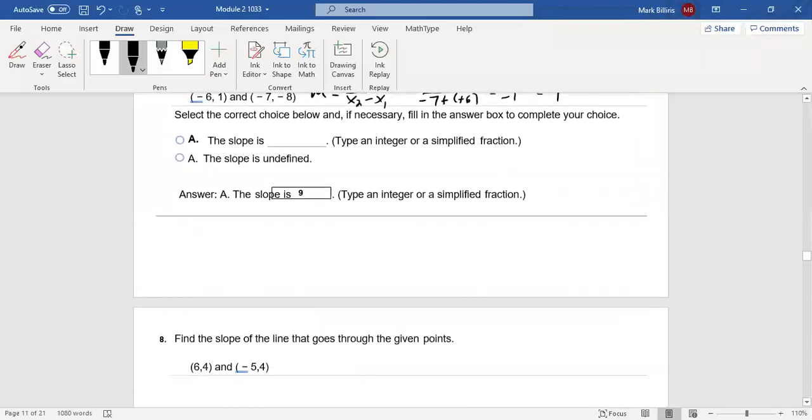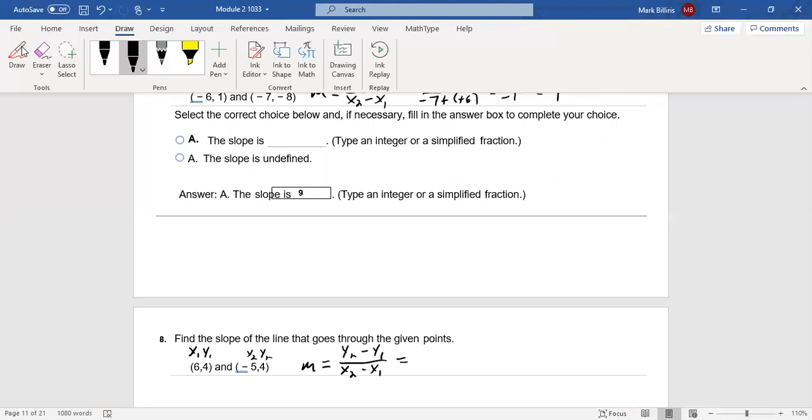Another example, we're going to find the slope of the points 6, 4 and -5, 4. Again, I would go ahead and label these x1, y1, x2, y2, and then I would write my formula out. Y sub 2 minus y sub 1 over x sub 2 minus x sub 1.